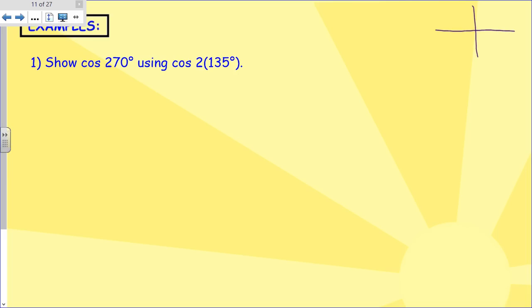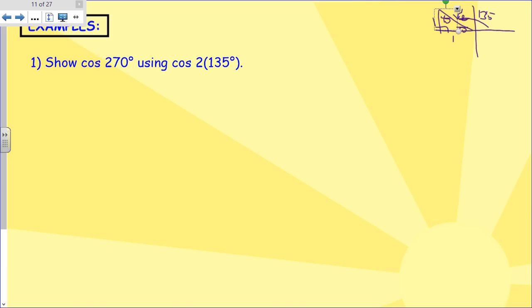If we are at 135 degrees, we are in quadrant 2. This is 135, so that means that this is 45. And that is 45. So our sides are going to be 1, 1, and radical 2.